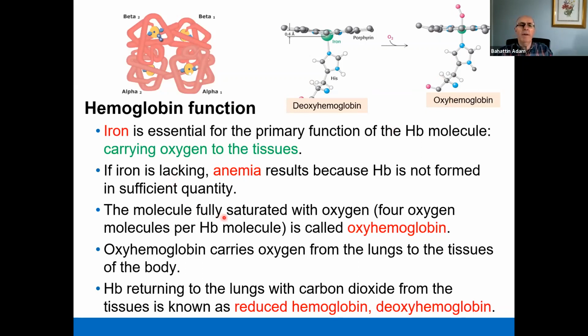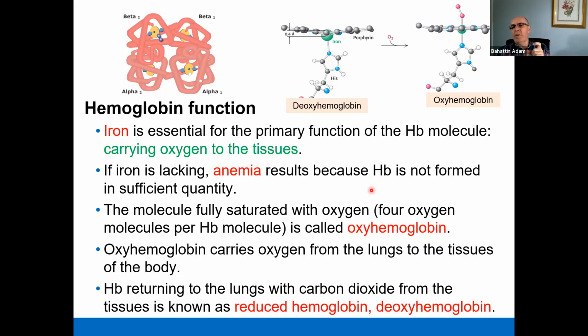If this is reduced, we have what we call anemia, because hemoglobin is not formed enough. In order to produce enough hemoglobin, you have to have enough amount of iron.